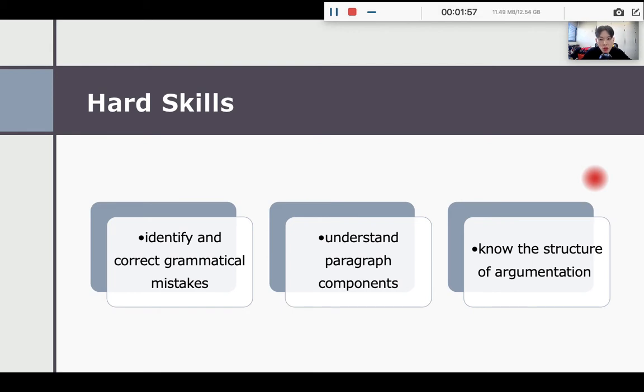When you want to make a point, do you know how to structure your discussion so that people can think your explanation is convincing and ultimately believe whatever you say? Okay, so these are the three abilities in hard skills. And hard skills can be developed through memorization and practice.